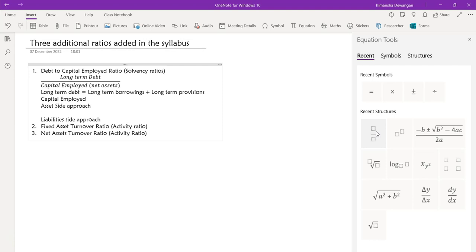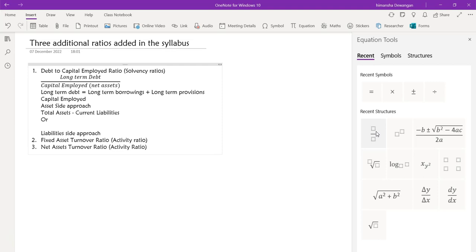I think we do total assets minus current liabilities, or also I can say non-current assets plus working capital. Is that correct, Ayushi? They are all same. Sometimes questions give you total assets, sometimes they give you non-current assets, and like this. So you should be familiar that all those things conclude to the same point.